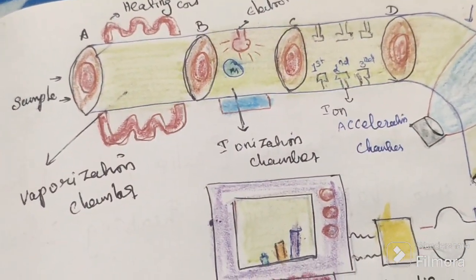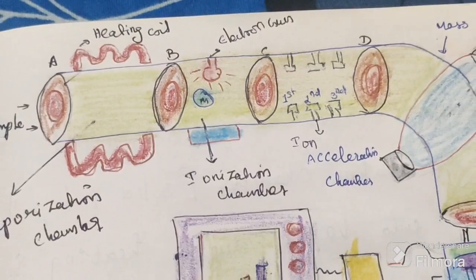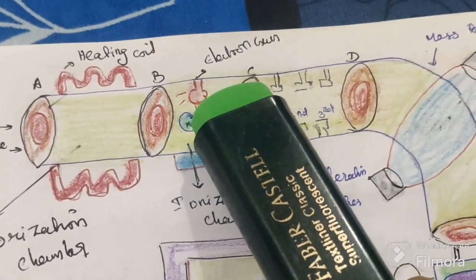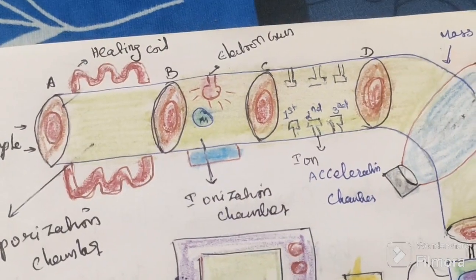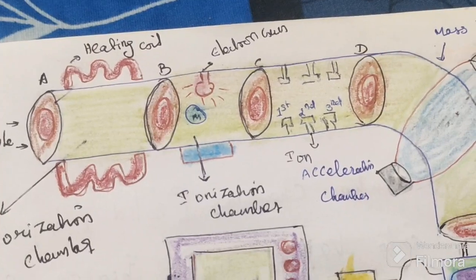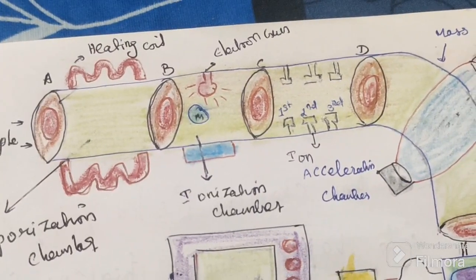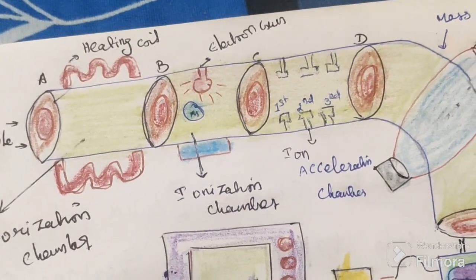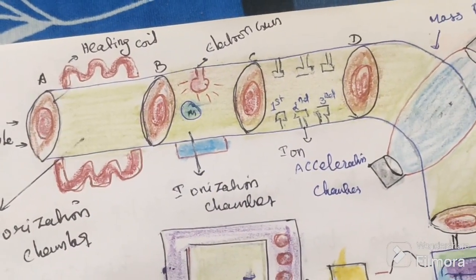The second chamber is the sample analyzer chamber. Here the electron gun will be present with a tungsten filament. In this chamber an electron collector will also be present, which will collect the electrons.